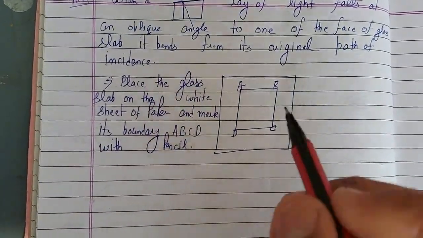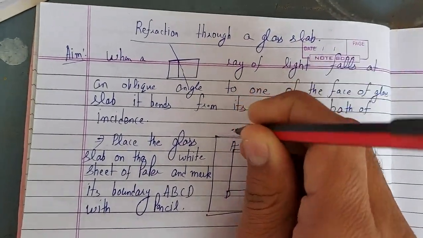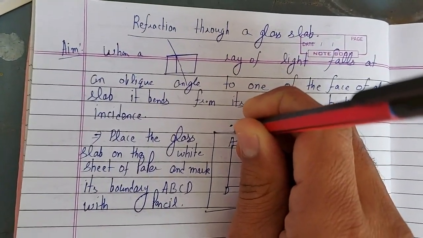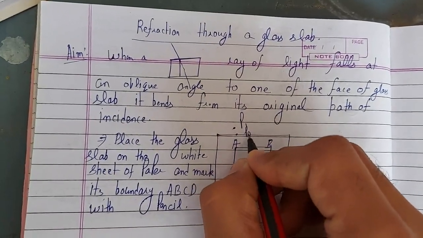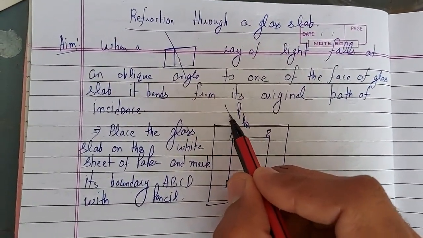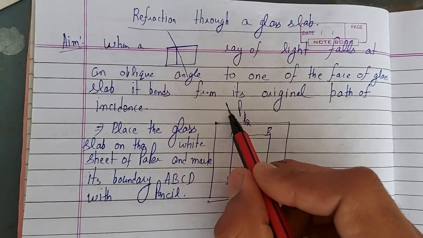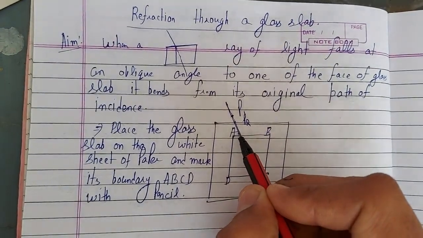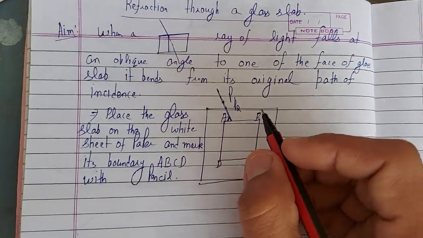So what will you do now? You will place two pins like this, like I'm placing the pin now. You have to place the nail pins like this, P1 and P2, such that if we join them, they make an incident line which is falling at an oblique angle to one of the faces of the glass slab.